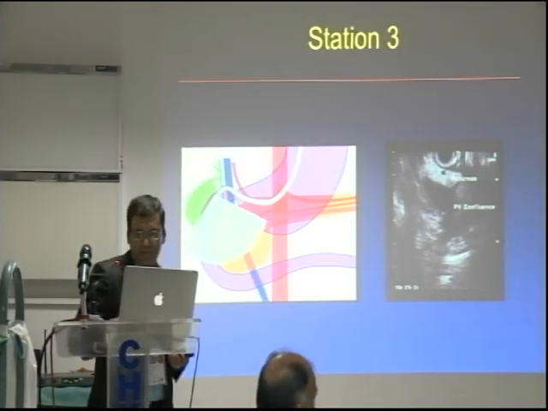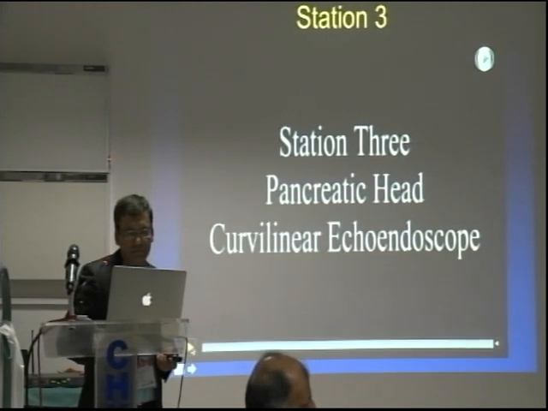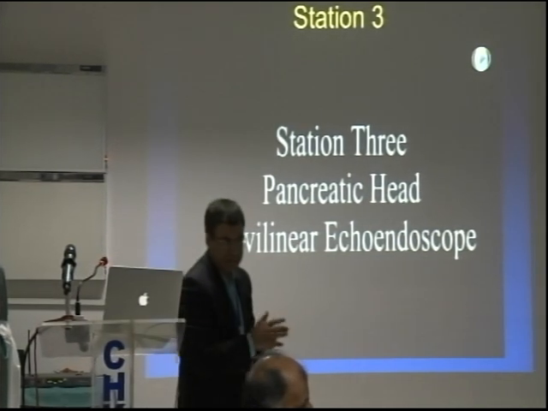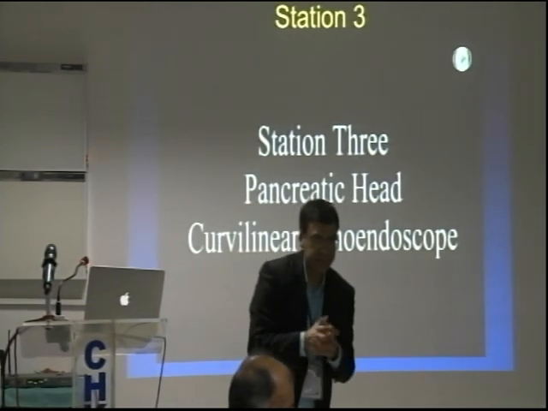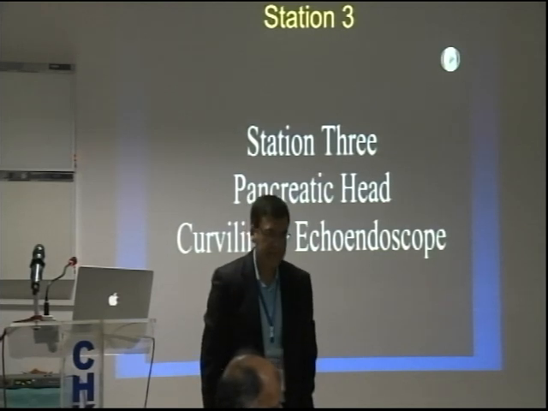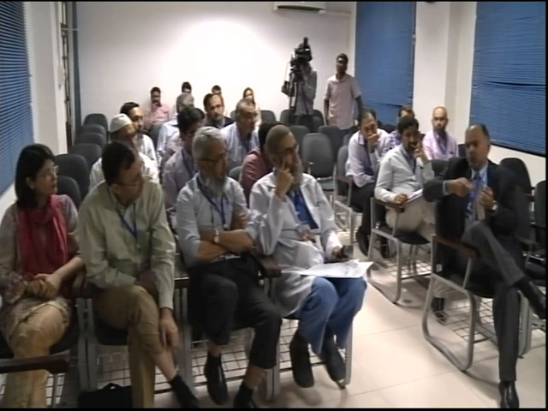I'll just add, for those of you who are using the Pentax scope here, you have to be very, very careful with this one. You can actually perforate it. Because it's got a very long bending section, so when you're maneuvering the scope into the duodenum, you have to be very careful and unlock it before you start pulling it, because with the Pentax scope, it's a big problem.